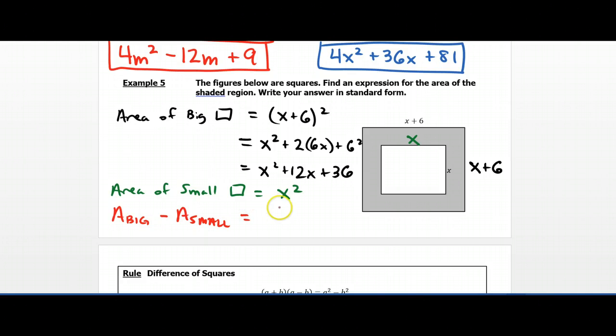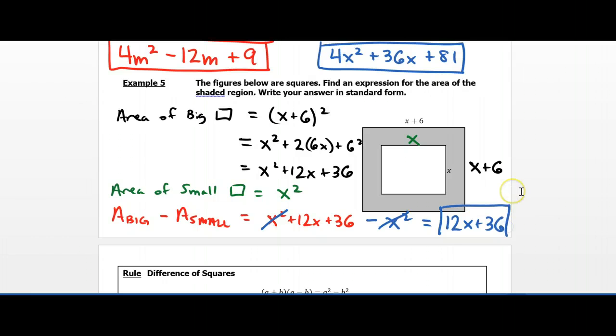So that's going to be x squared plus 12x plus 36 minus x squared. When you combine your like terms, your x squareds actually cancel each other out, and you get 12x plus 36. So the area of the shaded region here would be 12x plus 36.